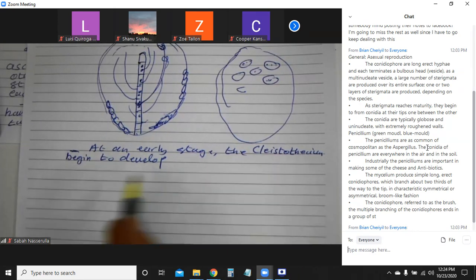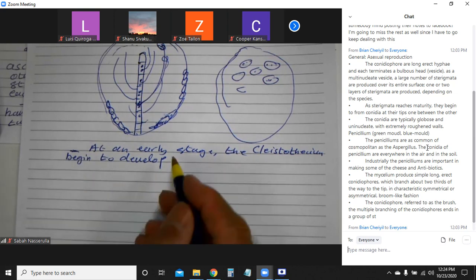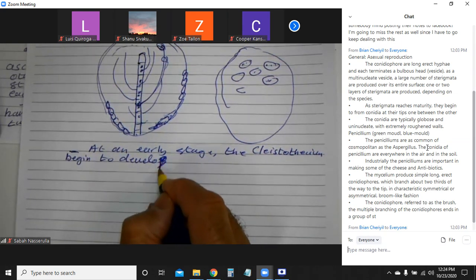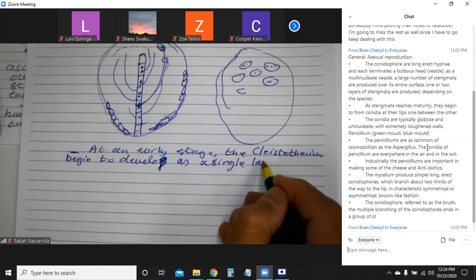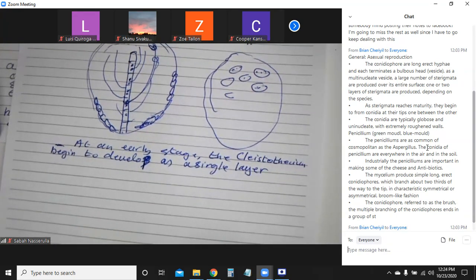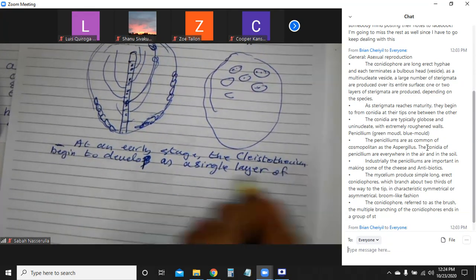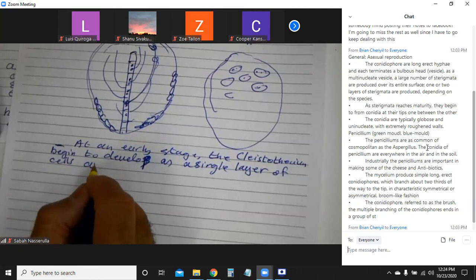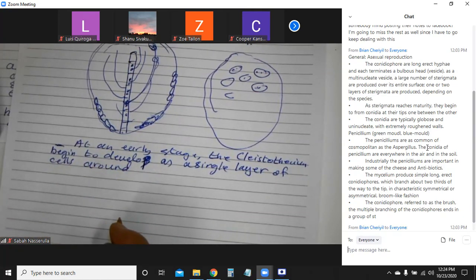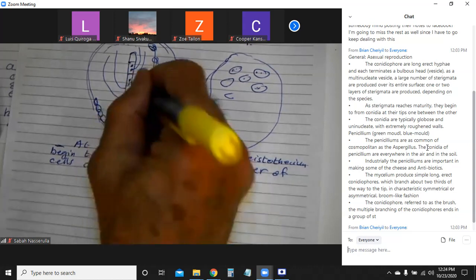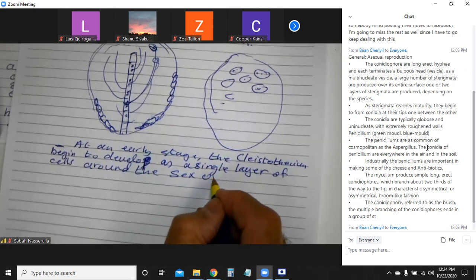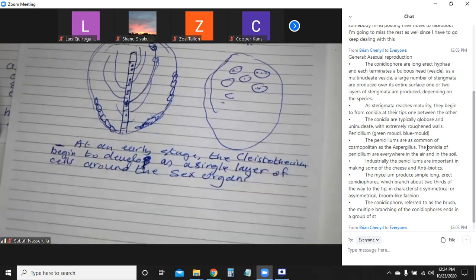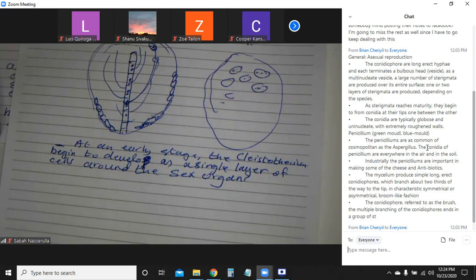So at an early stage the cleistothecium develops as a single layer of cells around the sex organs, because the sex organs are already there, as I showed you here.